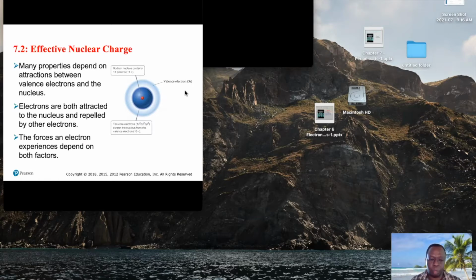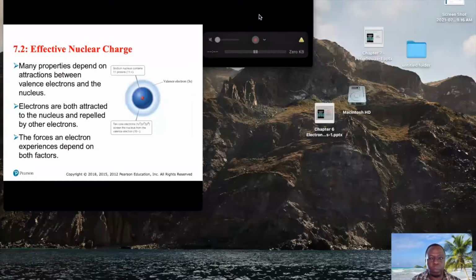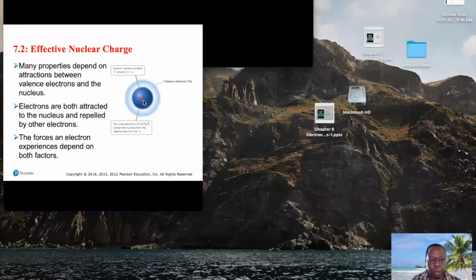To some extent, there is what we call shielding. The force of attraction between the protons in the nucleus and the outermost electron in sodium will be shielded by the inner electrons.